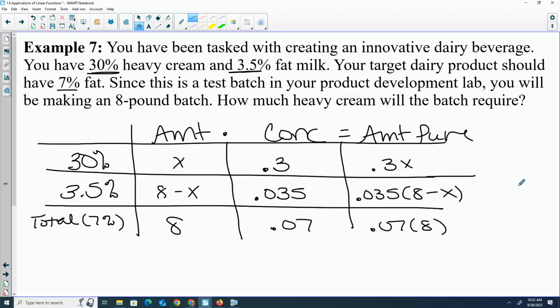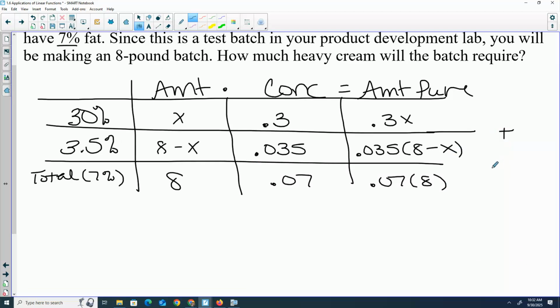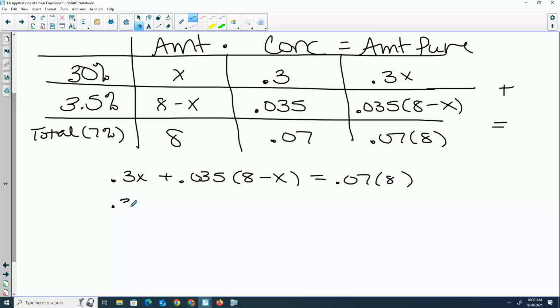We add the first and second to equal the total. 0.3x plus 0.035 times 8 minus x is 0.07 times 8. Everybody with me here?